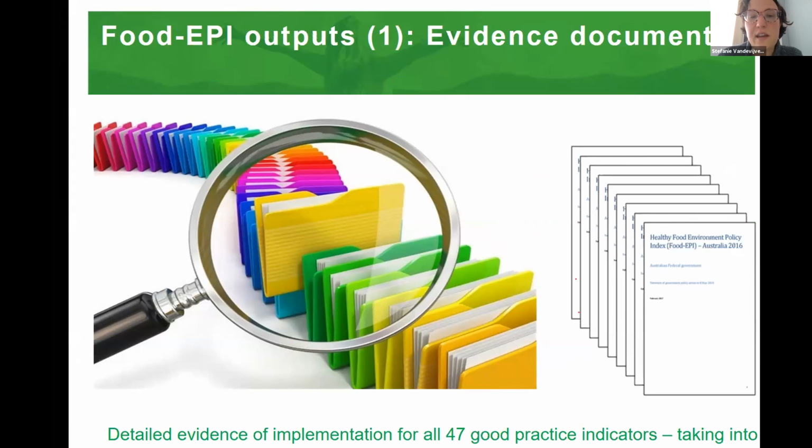Usually it is seen as a key document needed to support the experts to be able to conduct the evaluation. But essentially it's also a key output of the Food-EPI, because you have a detailed document laying out all of the efforts that the government has undertaken in the past on these particular action areas.